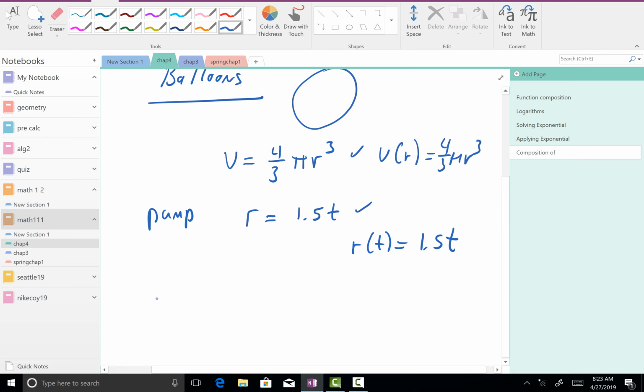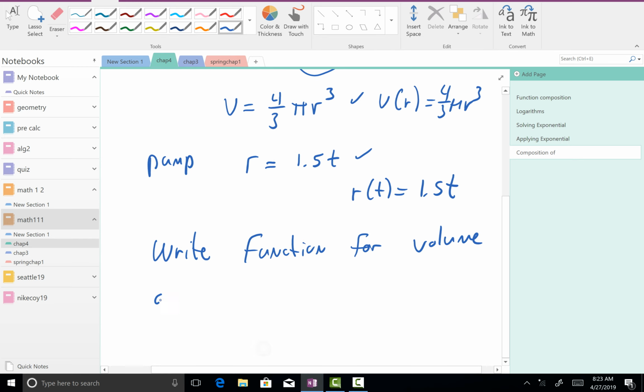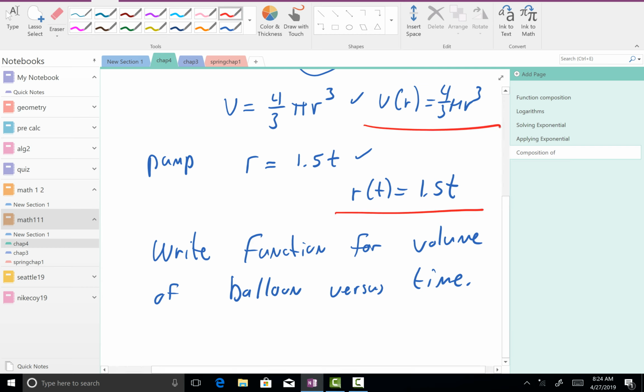So if we wanted to write an equation, I should say our function, for the volume of the balloon versus the time. So here's this, and here's this.